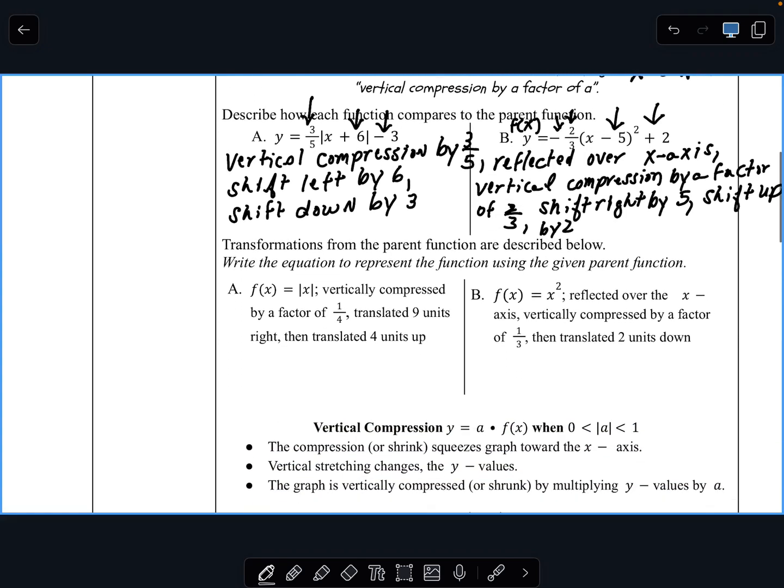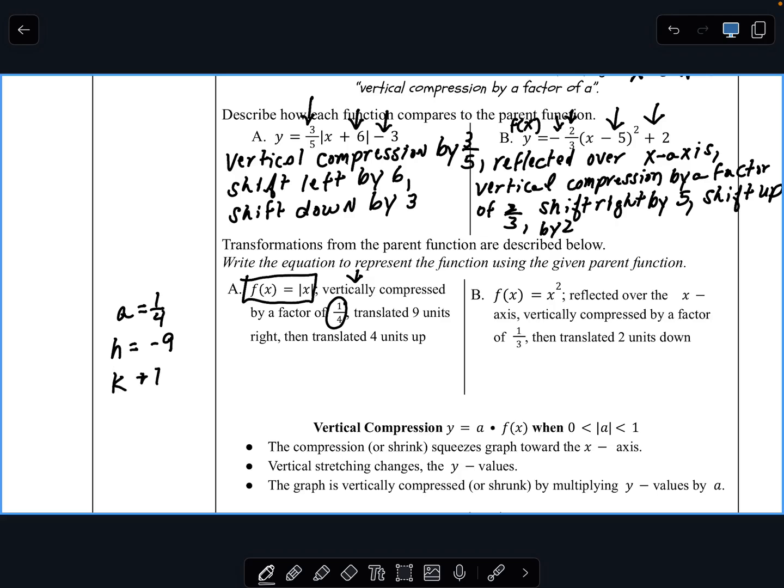All right. So how would we do it the reverse? How would we take our parent function and add all these transformations? Well, first of all, it's going to be vertically compressed by a factor of 1/4. So that means our A is going to be 1/4. Our H, it's translated 9 to the right, so we're going to have a negative 9 for our h, and it goes up by 4.